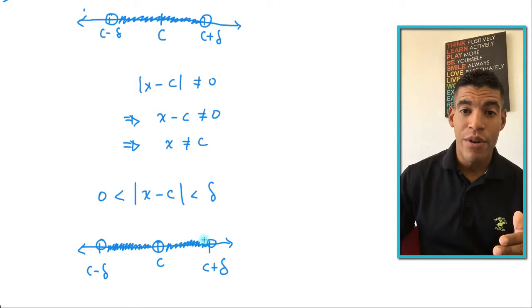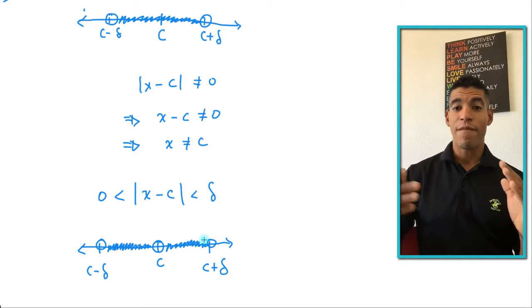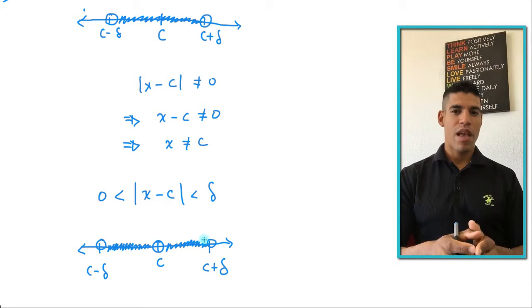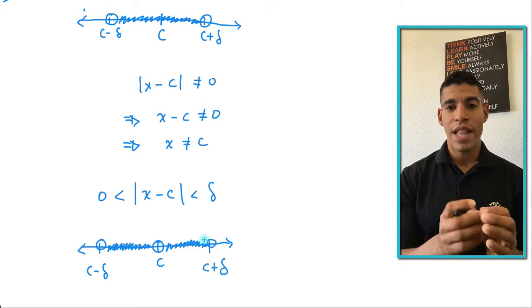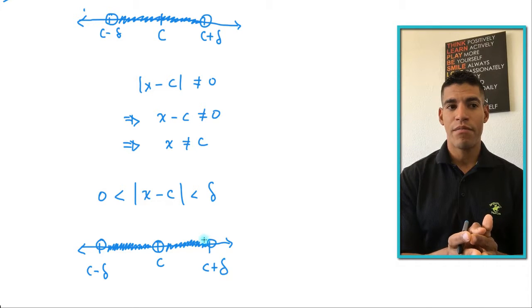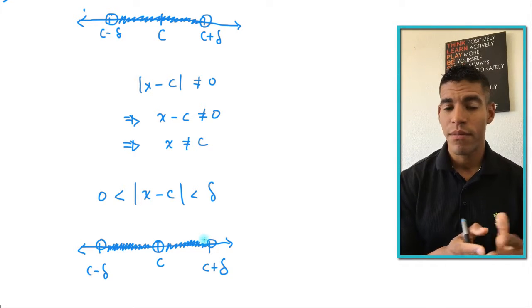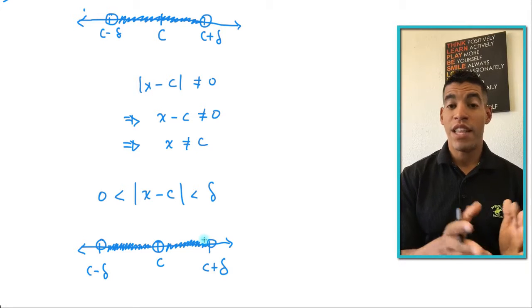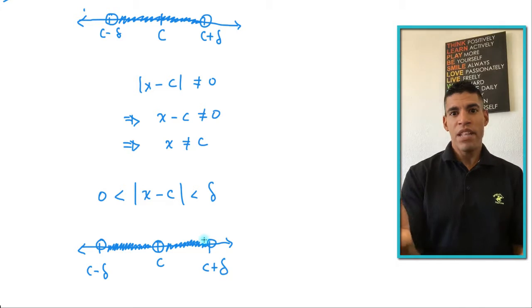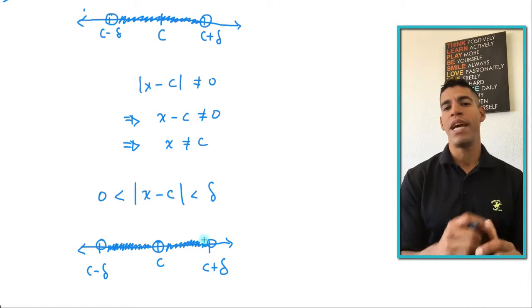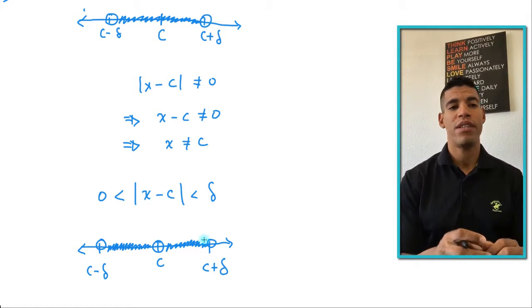So that's the power of limits: you can find a limit, but the function doesn't have to be defined at the point. At that point, you can have a vertical asymptote, you can have a different value, or you can have nothing, not be defined there, and there could still be a limit. Okay? That's very important.